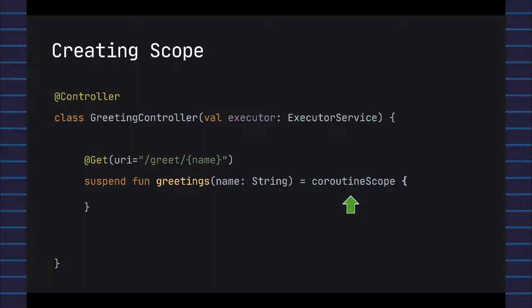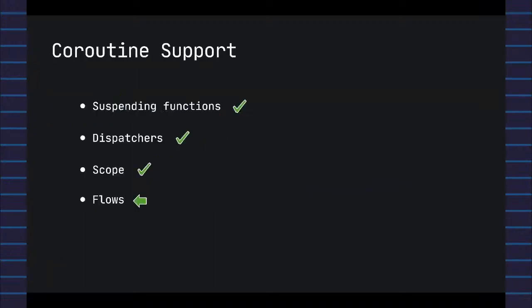The other thing that Micronaut supports is flows. What I showed you so far are just examples of a controller that returns a single value. But you may want to create a stream, a JSON stream for example, and you may have a use case where you want to emit at different times depending on your use case.